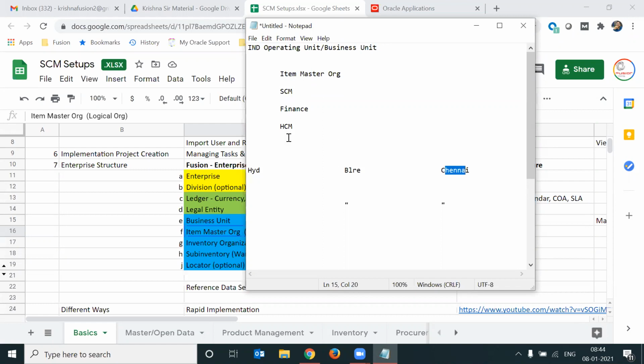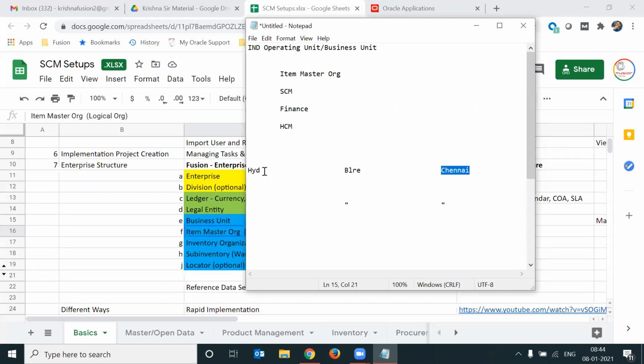Suppose you're delivering 3 products in Hyderabad, assign the 3 products to Hyderabad. And if you're delivering just 2 products in Bangalore, assign only 2 products to the Bangalore inventory organization, that is SCM and finance. If you're dealing with HCM in Chennai, assign only HCM to Chennai.